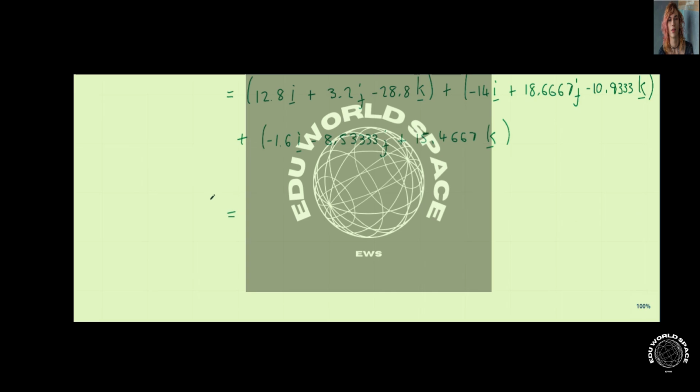So if we add all the like terms, we get that our angular momentum about the center of mass, HG, is equal to minus 2.8 kg meter squared per second times the basis vector I, plus 13.33 kg meter squared per second times the unit vector j, minus 24.3 kg meter squared per second times the unit vector k.